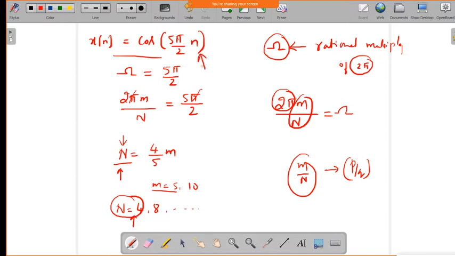Otherwise you won't get periodicity and it will be non-periodic. That is the meaning: it should be a multiple of 2π and the ratio m/N should be in p/q form, that is a rational number. If it is a rational multiple of 2π, then your signal will be periodic.